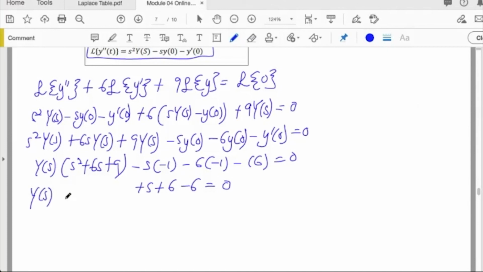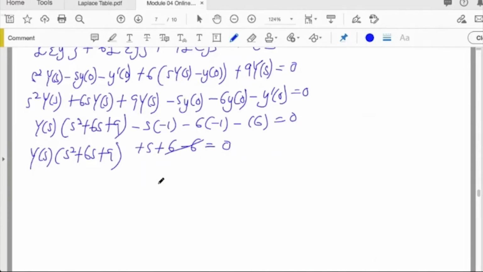So Y(s) times s squared plus 6s plus 9, and that part you can cancel. Finally you solve for Y(s), which gives you negative s divided by s squared plus 6s plus 9.